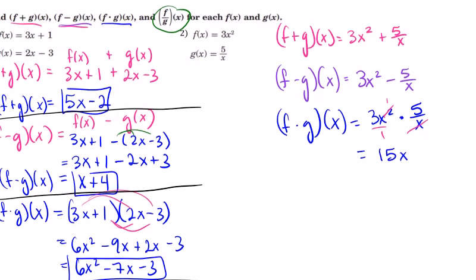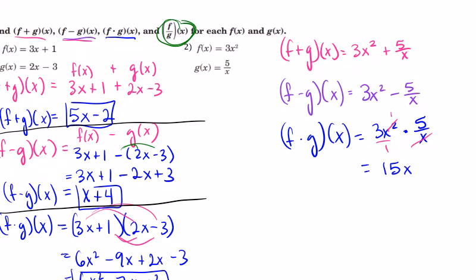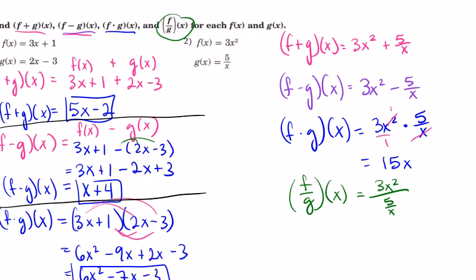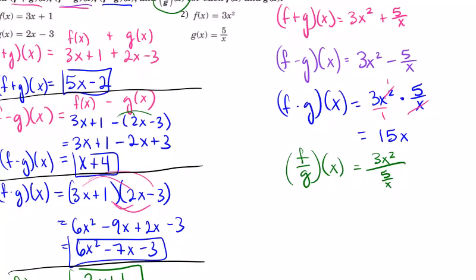All right, and then last but not least, we're going to do our division. So f divided by g of x is going to be 3x squared over 5 over x, right? And this is actually what's called a complex fraction, when you have a fraction within another fraction. And there's another thing we're going to discuss with more detail in the next chapter.